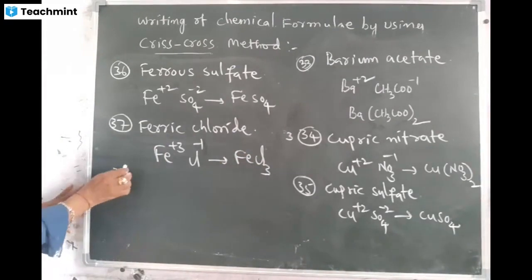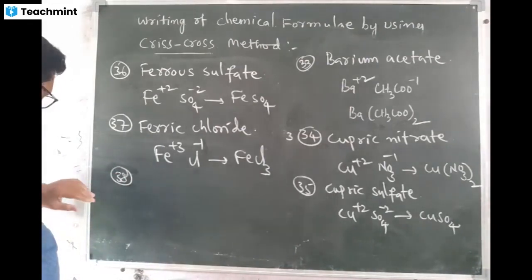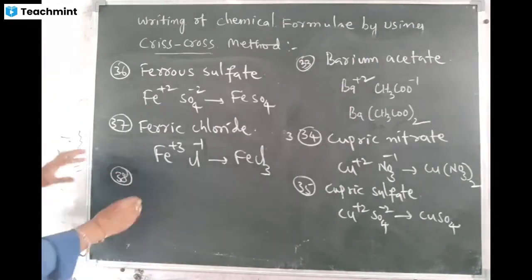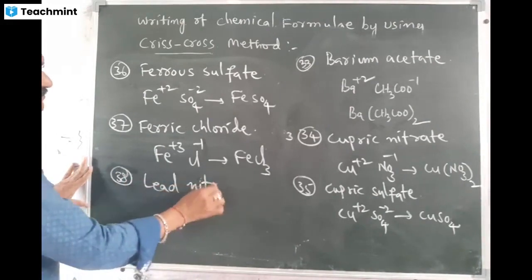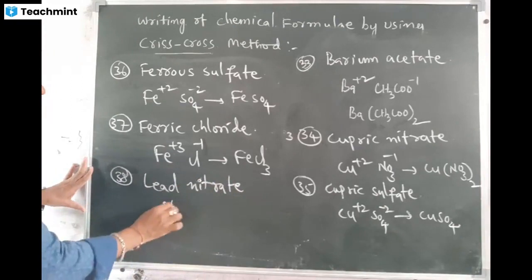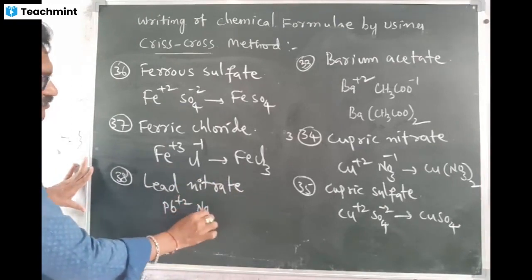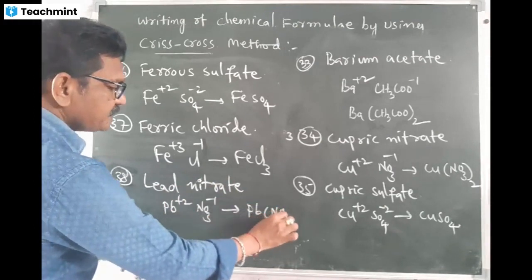Then 38, lead nitrate. Lead means Pb plus 2, nitrate means NO3 minus 1. Then the formula becomes Pb(NO3) taken twice.